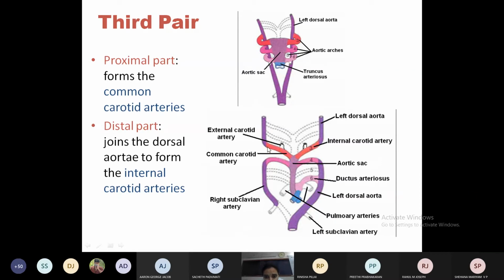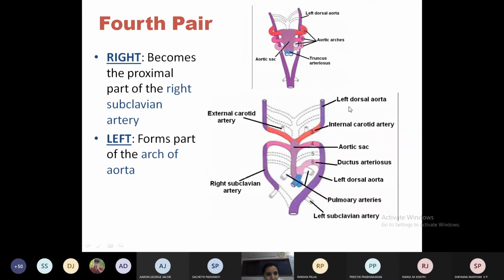The distal part of the third aortic arch and the dorsal aorta above the ductus caroticus form the internal carotid artery.